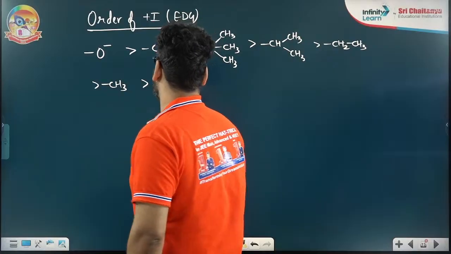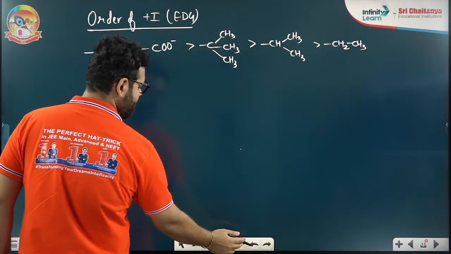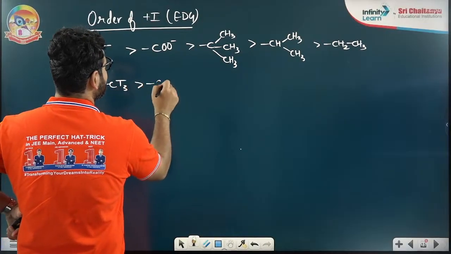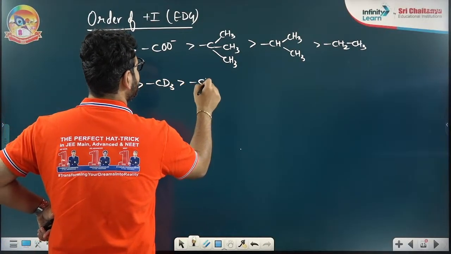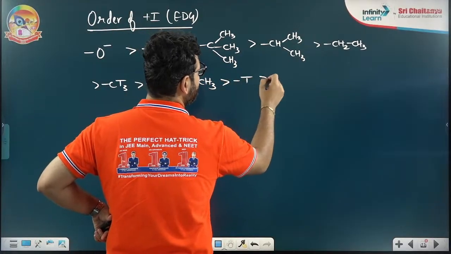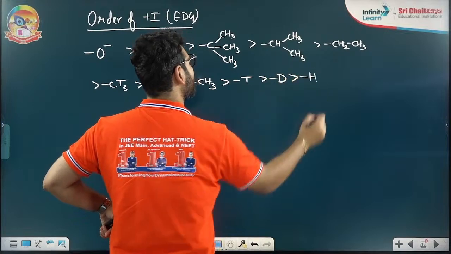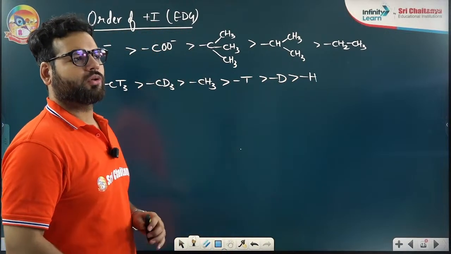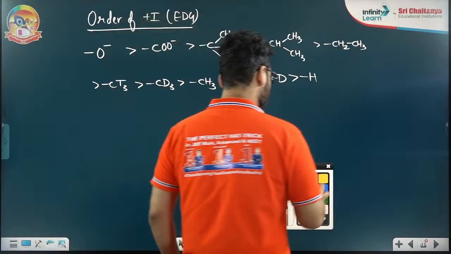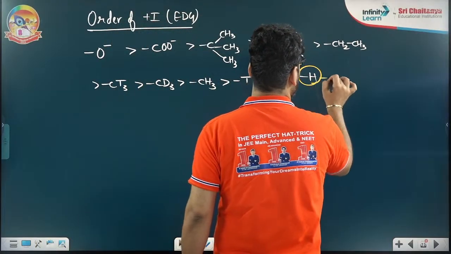Apart from this, among CH3, CD3 and CT3, CT3 has more plus I than CD3, then CH3. And then comes your hydrogen, which has no effect, but tritium and deuterium still have a little bit of inductive effect. We have kept the reference to be hydrogen, which shows no effect here. So hydrogen, circle, you can write no effect.